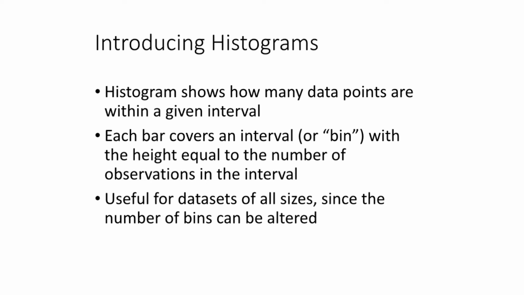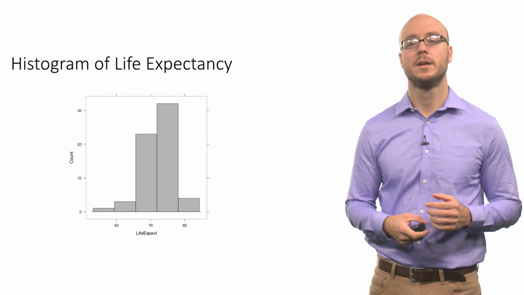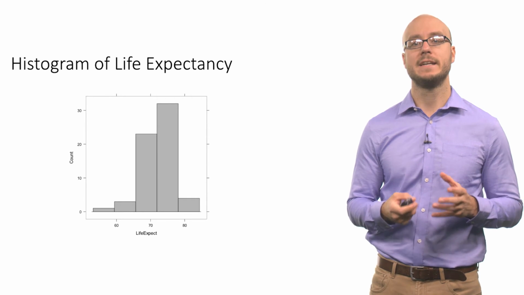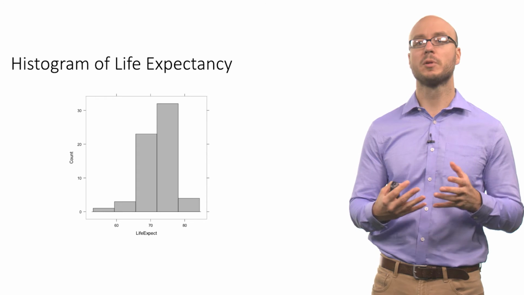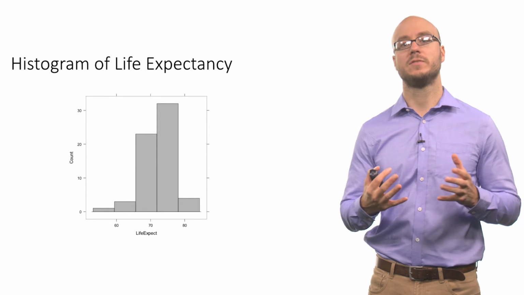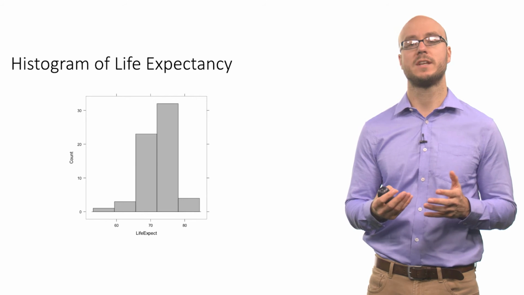And that's because you can alter the number of bins depending on the granularity of the visualization that you really want. So here's a histogram of life expectancy in our data set. You can see that it looks similar to the dot plot or to the stem and leaf plot in the sense that you see a lot of observations in the upper 60s and lower 70s.